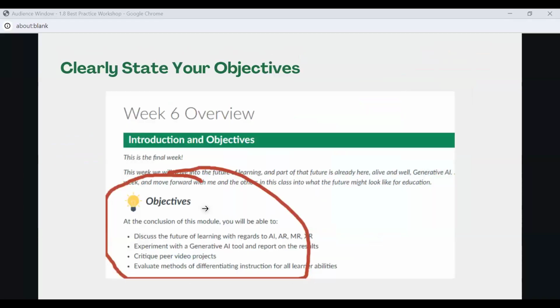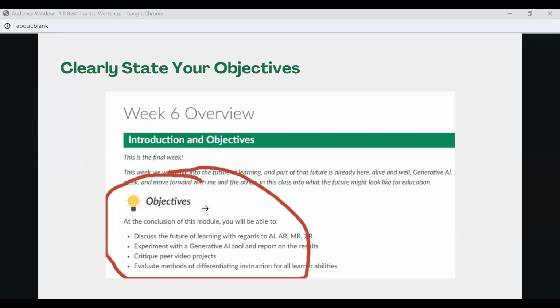Lastly, I'll say the importance of clearly communicating that to your students is really a key part of this best practice recommendation. It's not enough just to have them; it's important to be transparent. So students know why what they're doing is meaningful and why they're doing it, that it's directed toward a learning goal, not only for that week or that unit, but also ultimately in the course itself.